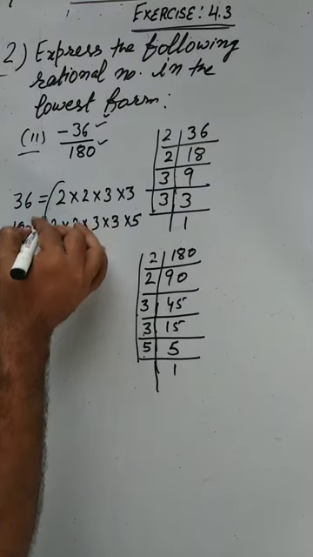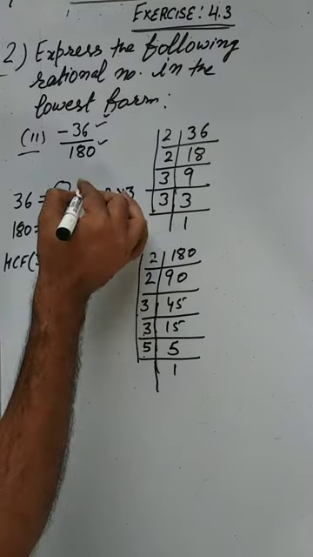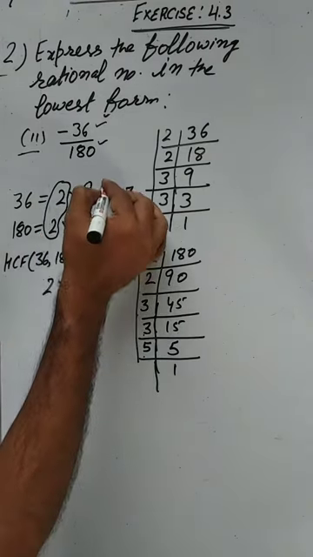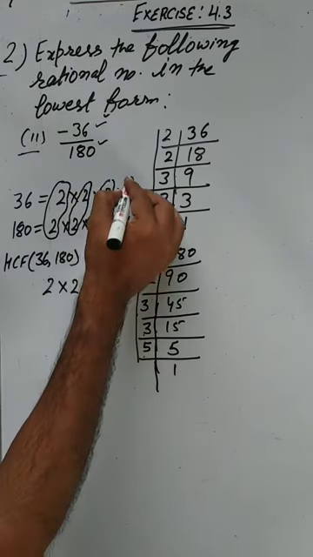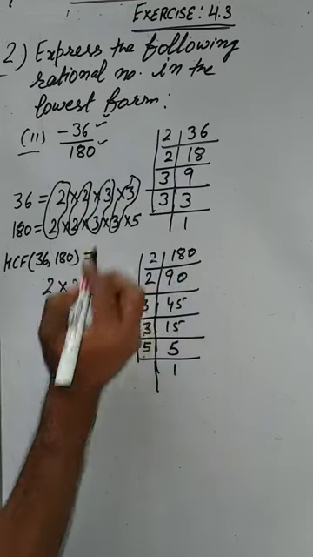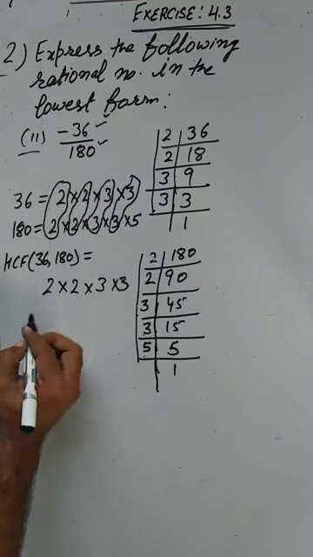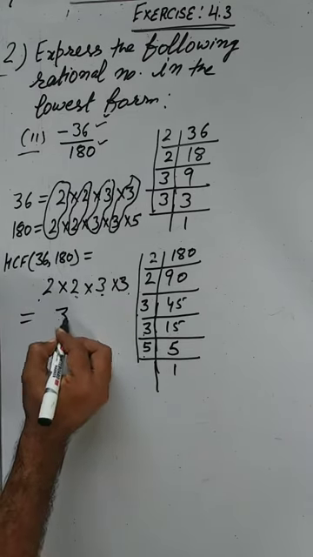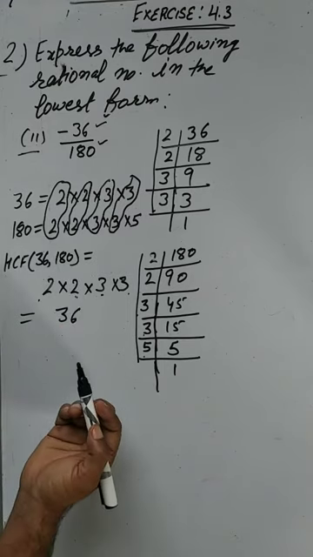First, 2 is common. And again this 2 is common. And then that 3 and this 3. These are the common factors. Clear? So 2 2s are 4, 4 3s are 12, 12 3s are 36. So the HCF of 36 and 180 is 36.